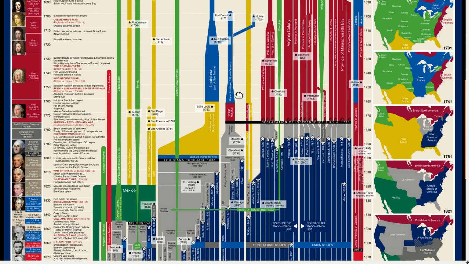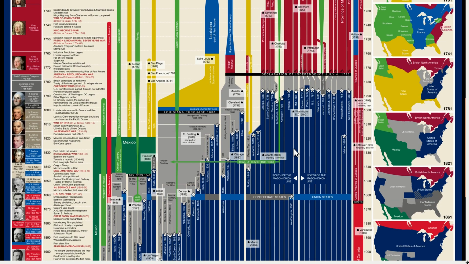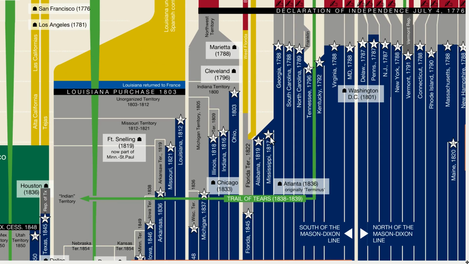And then after independence, the dark blue represents states, and the gray areas represent territories. And all of these stars represent the order in which the states joined the Union. And you can see the foundation of various major cities are also shown.